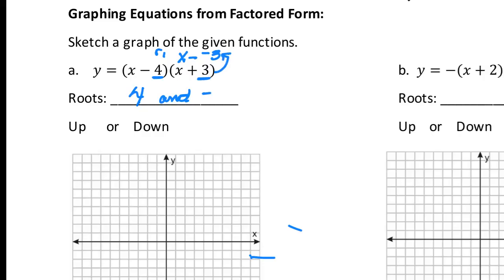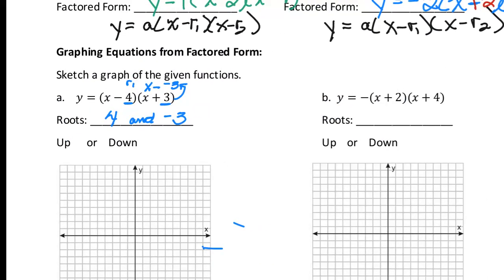So that means this is -3. Is everybody with me on that? All right. And is this going to open up or down? Well, what is my A value here? There's nothing there, Miss Thede. You're right. So that is a 1, understood. That is a +1, which means it is going to open up.